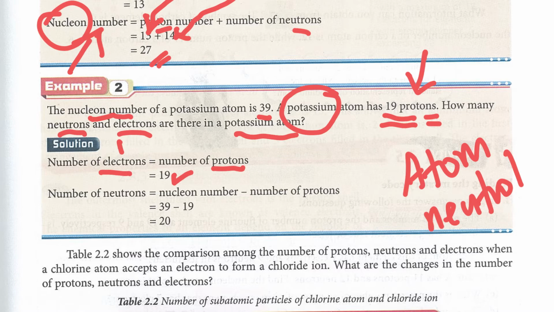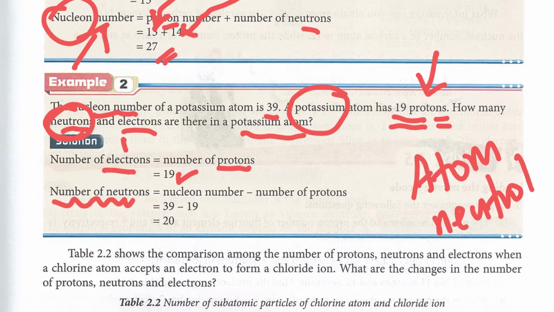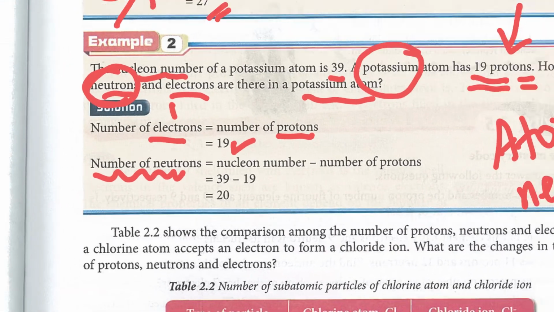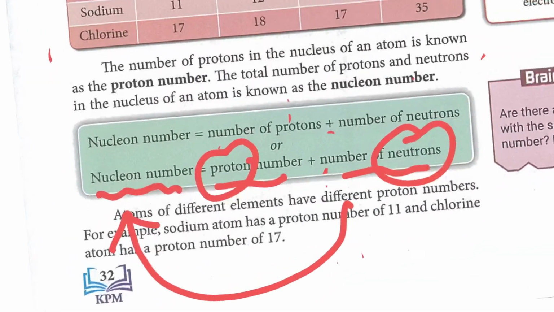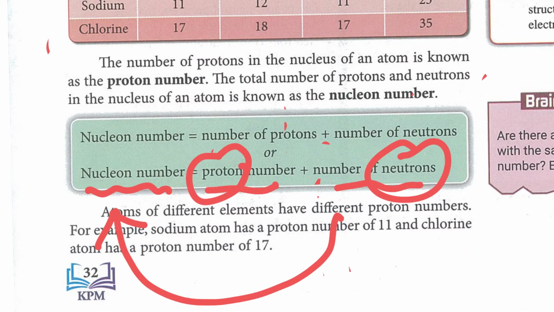Okay, next we answer the next requirement, neutron. What is the number of neutrons? As I have shown you just now, this is the formula for nucleon number. This is the formula that you need to memorize.